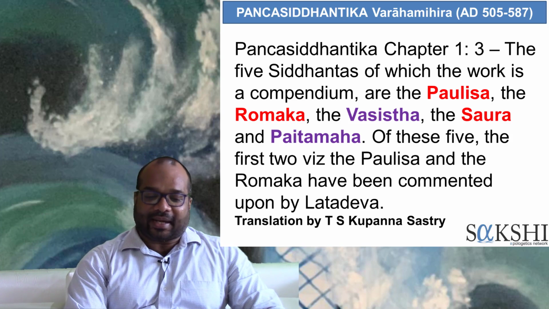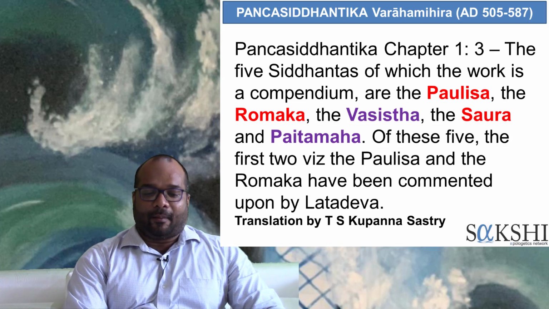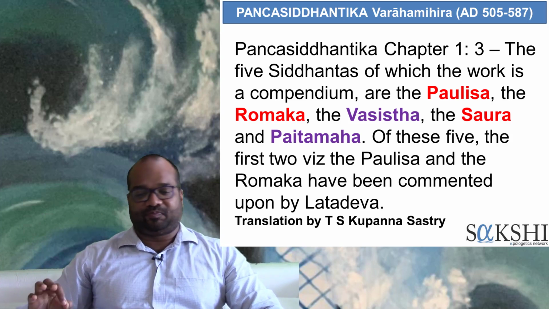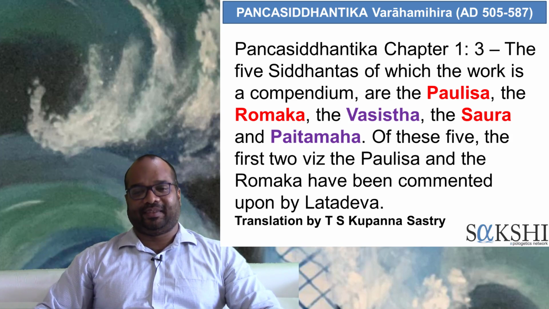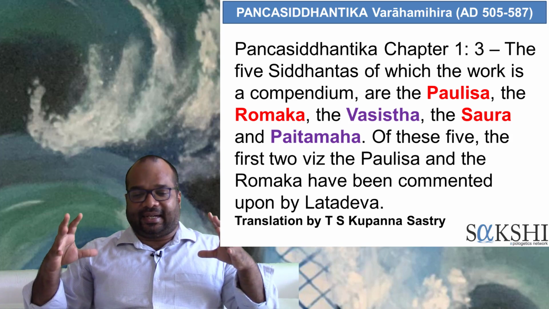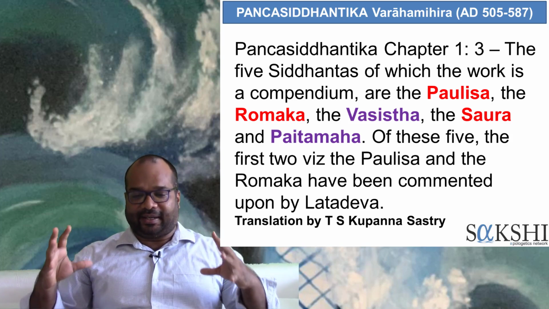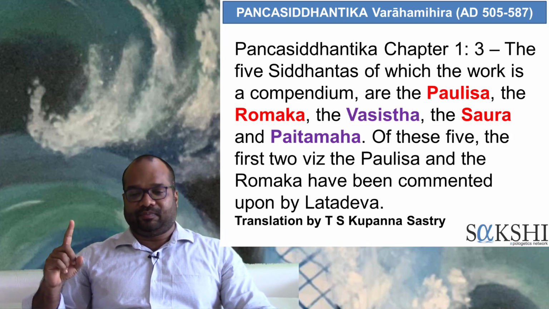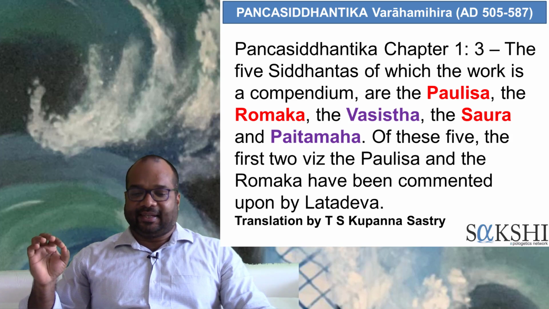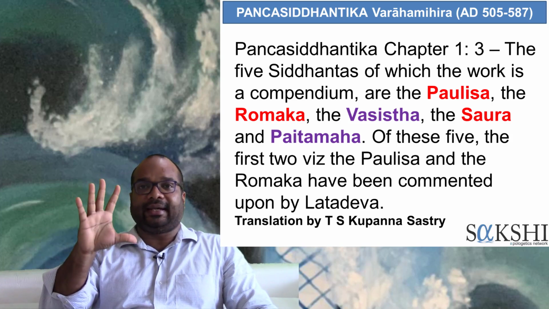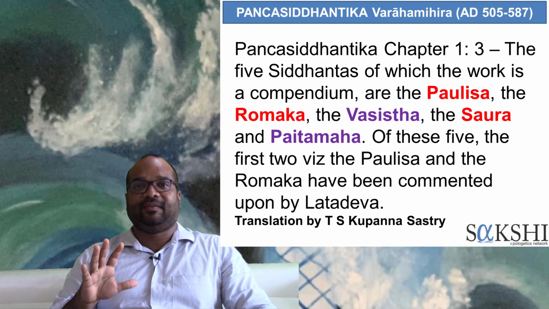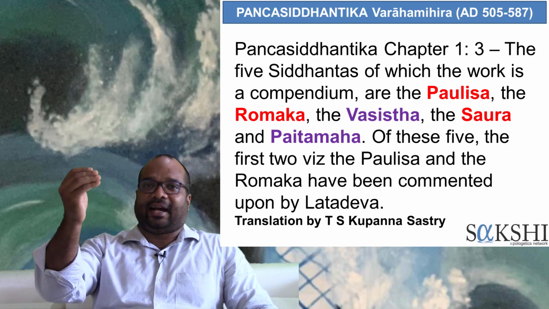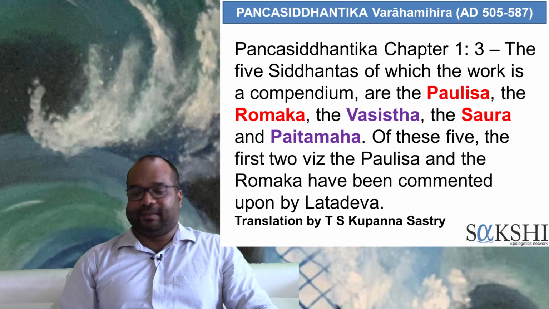Now we will look at another of his books, the Pancasiddhantika, the five Siddhantas of astrology. In the Pancasiddhantika, in chapter 1, sloka 3, he mentions five basic foundational texts of Indian astrology, as per this great Indian astrologer himself.